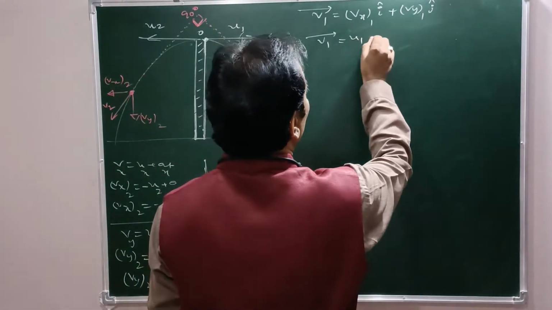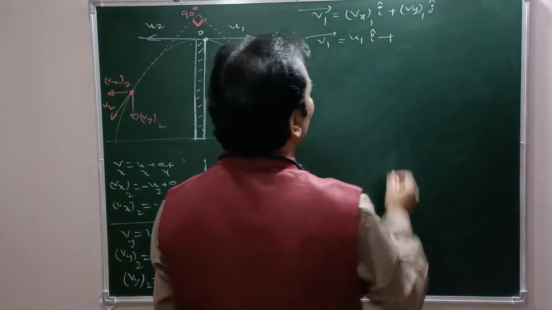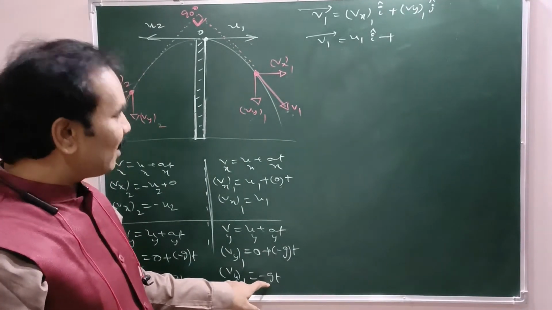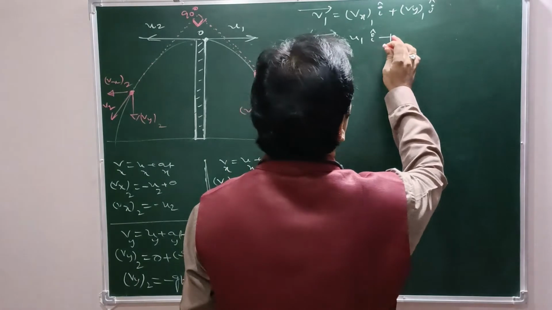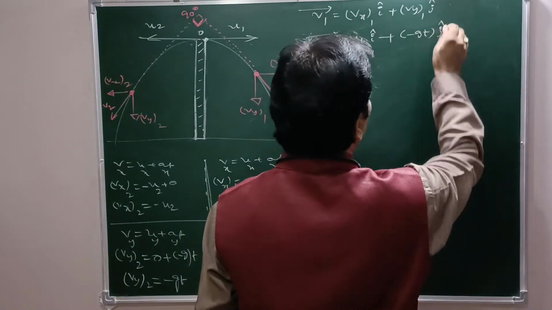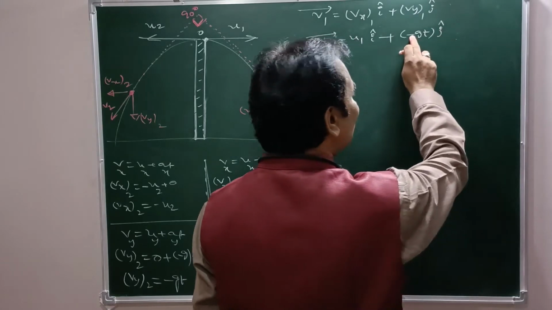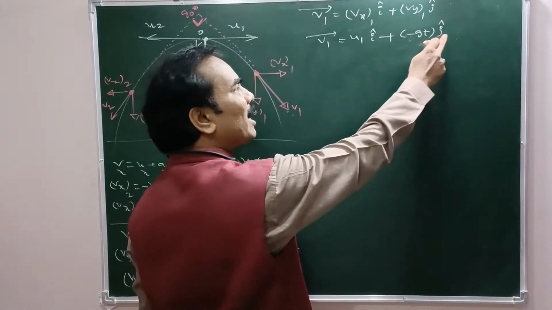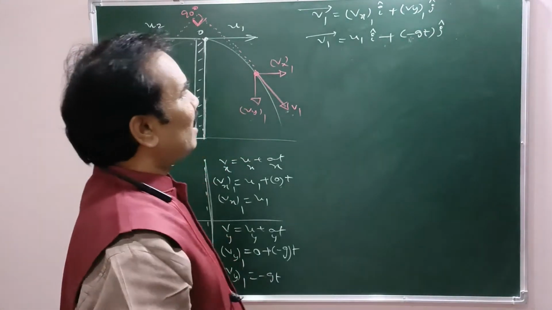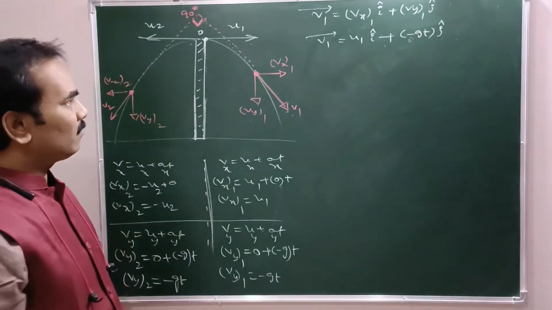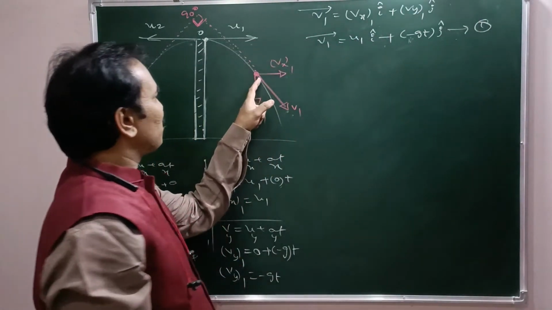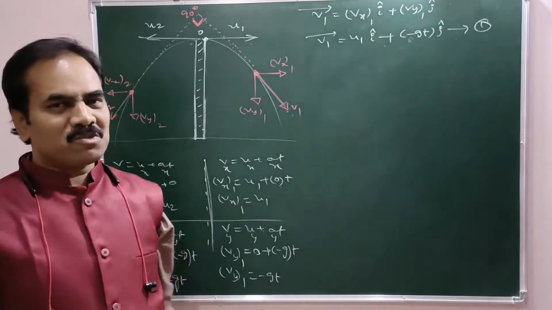So u1 into i cap plus vy1, minus gt into j cap. Don't take the negative sign for j cap again; the negative sign is already taken. No need to write minus j here. So that is plus or minus gt into j cap. Right? So this is the instantaneous velocity for the first projectile, which is projected towards the positive x-axis.